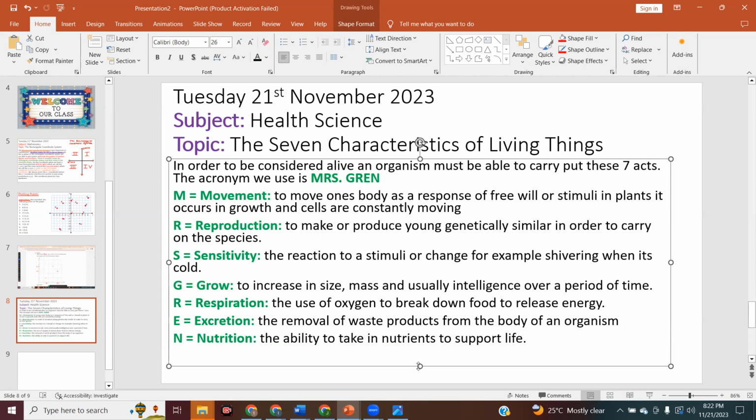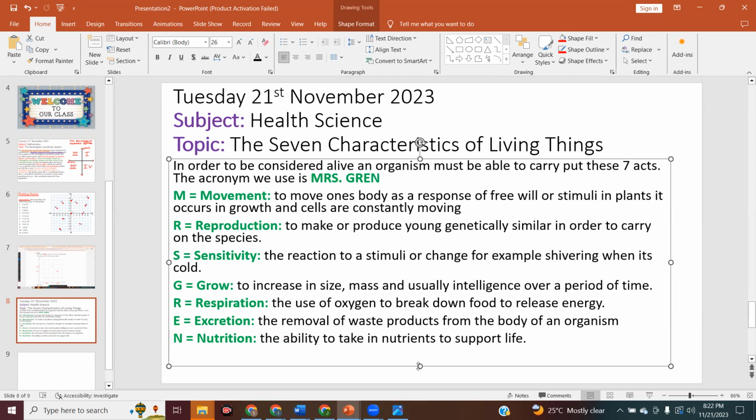Obviously, some things are more nutritionally dense than others. But whatever you take in has some sort of nutrients, and your body uses it to support life. So that's why they say you are what you eat, because if you eat good stuff, your body would be made of good stuff. If you eat bad stuff, your body would be made of bad stuff.